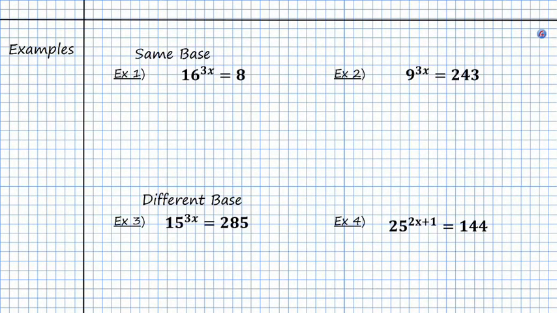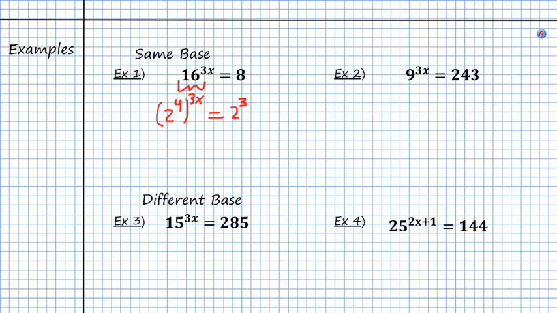All right, so for the same base, we're not always going to be given them exactly in the same base, but we can intuit that they are the same base. For instance, if I have 16 here, I know that 16 is actually 2 to the 4th power, to the 3x. The reason that I chose 2 is because I looked at 16 and I looked at 8 and asked, what would be a base of both of those? And we see that 8 is 2 to the 3rd.